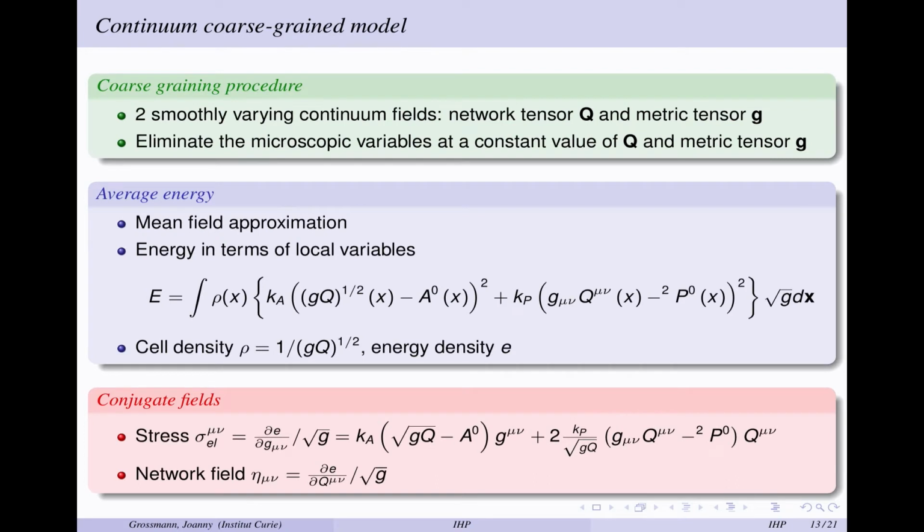The idea behind it is that I want slow variables in space. And what I'm saying here is that if I average locally, if I do the coarse graining, I will get functions G and Q, which vary over length scales which are much larger than the cell size. So that's kind of the hope.